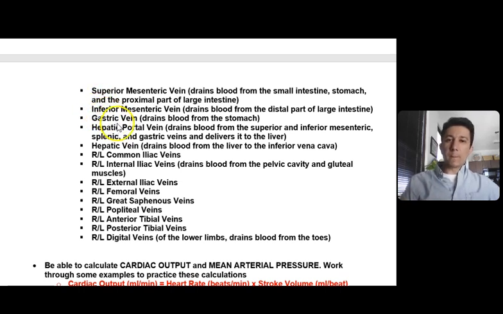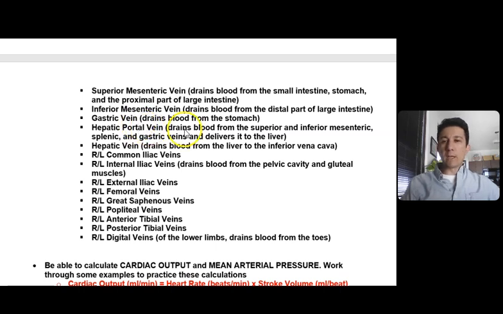The gastric vein, as the term gastric implies, is draining blood from the stomach. And all of these veins, the superior mesenteric, the inferior mesenteric, the gastric veins, and even the splenic vein, which I don't think I've mentioned here yet, have this interesting configuration in that all of these veins that drain the structures of the digestive system wind up draining into a common vein called the hepatic portal vein.